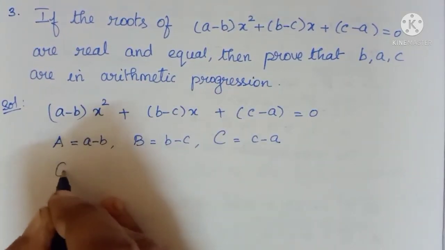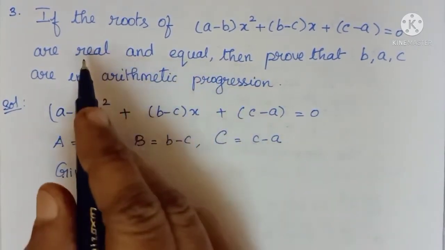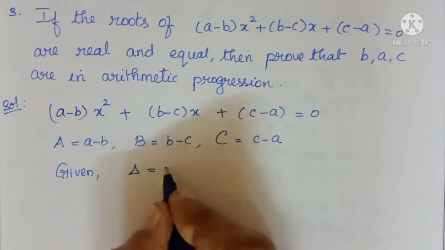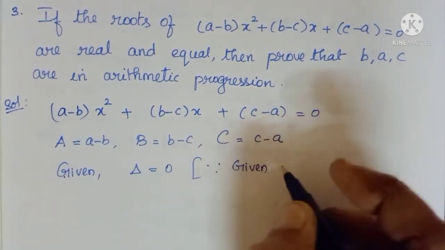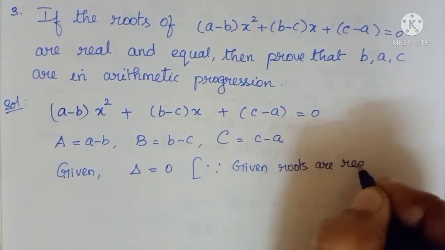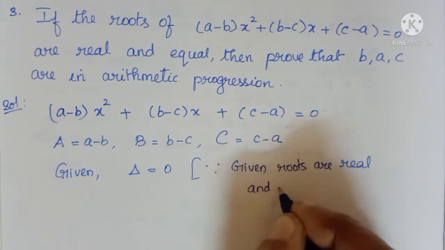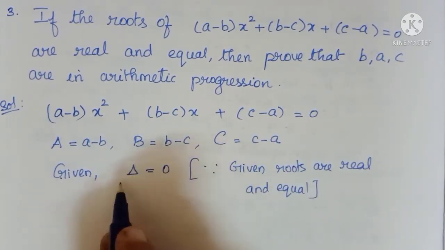Now we can take the given condition discriminant equal to 0 because the roots are real and equal given. So discriminant equal to 0 since the given roots are real and equal. Okay. So we can take discriminant equal to 0. So discriminant formula is b squared minus 4ac.